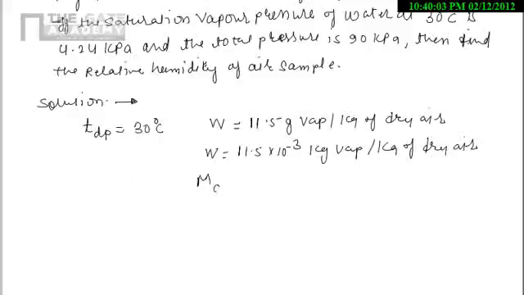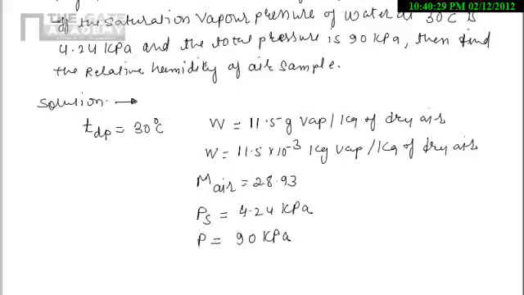The molecular weight of the air is given as 28.90. Saturation vapor pressure, that is Ps, is given as 4.24 kilopascal, and total pressure, that is atmospheric pressure, is given as 90 kilopascal. Now we have to find the relative humidity.